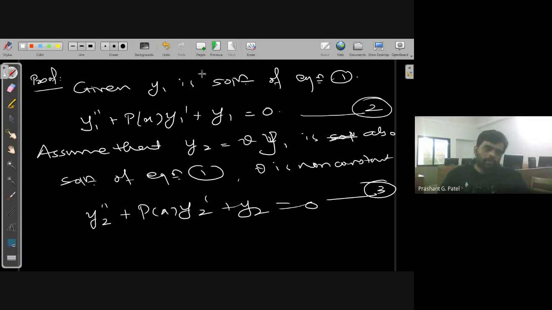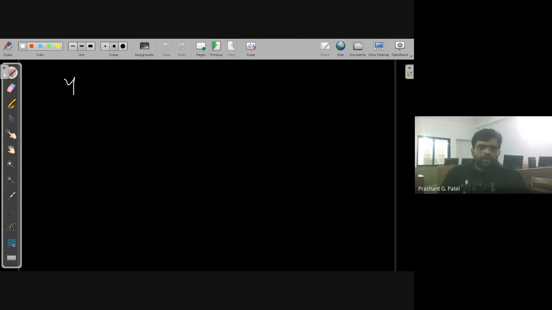Now let us calculate y2 dash and y2 double dash, and substitute them here. We have y2 equal to v into y1.